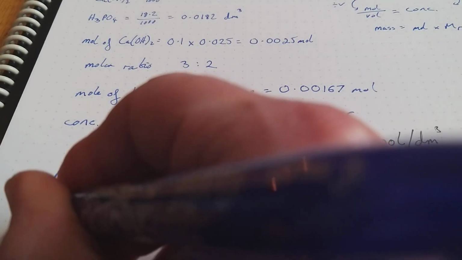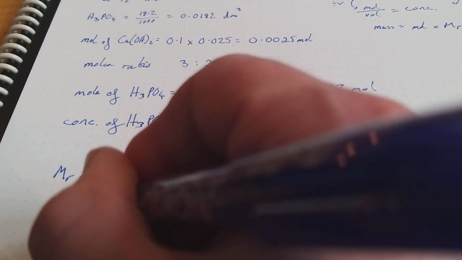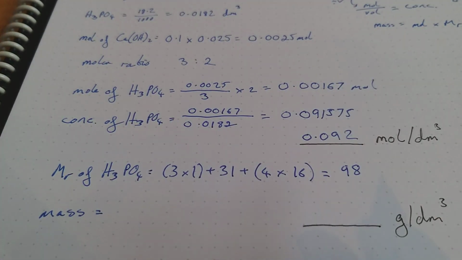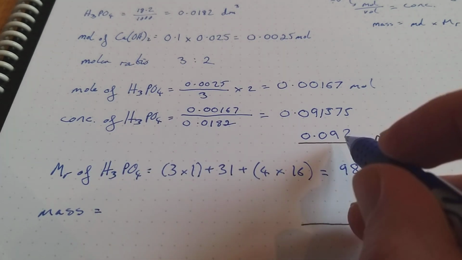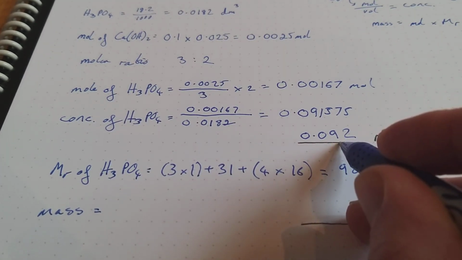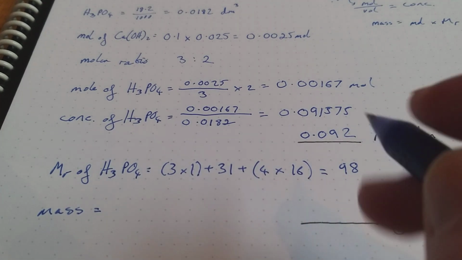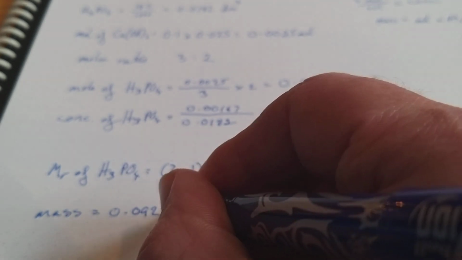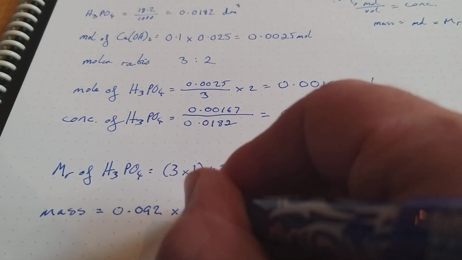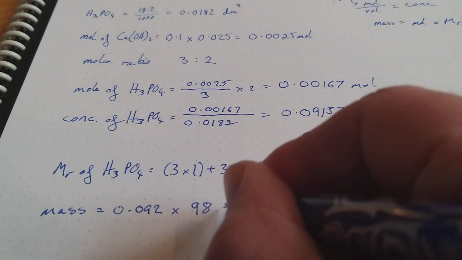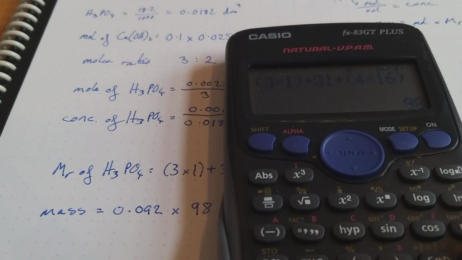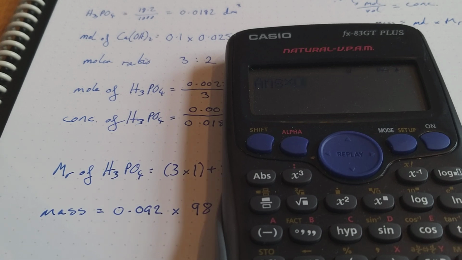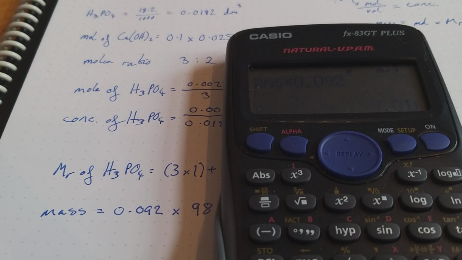So then the mass will equal the number of moles, and we just use the number of moles from the concentration here because it's already in per dm cubed. So 0.092 multiplied by the Mr, 98, which gives us, so I've already got 98 on my calculator, so multiply that by the number of moles, 0.092, press equals.